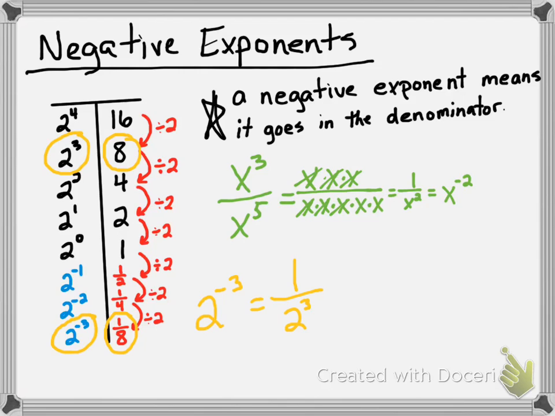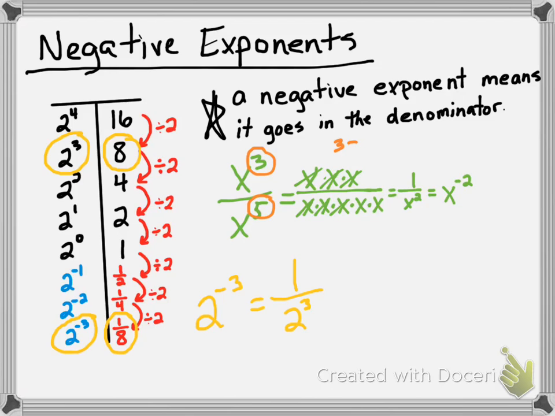Okay, now using our quotient rule, our division rule, we're looking at the 3, the exponent in the top, and the 5, the exponent from the denominator, and we have to subtract them. Numerator exponent, the top exponent, minus the bottom exponent.